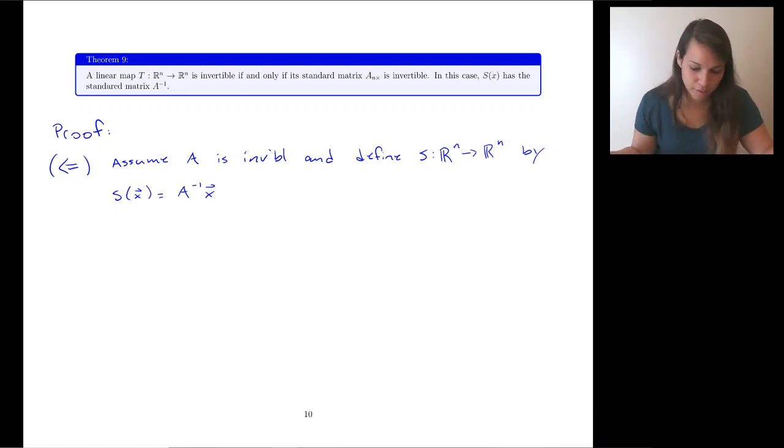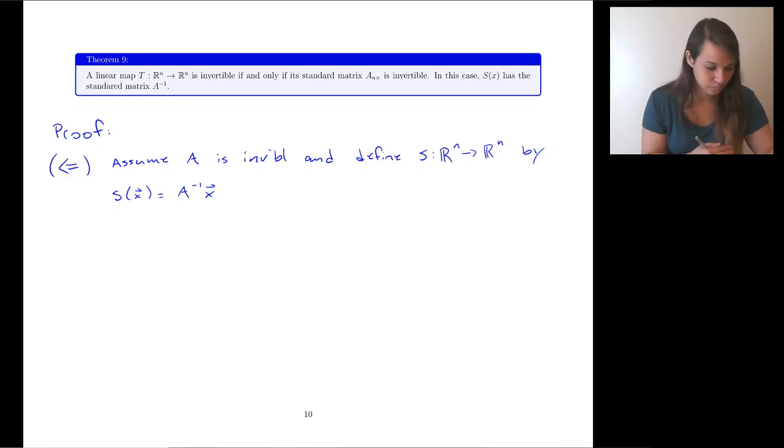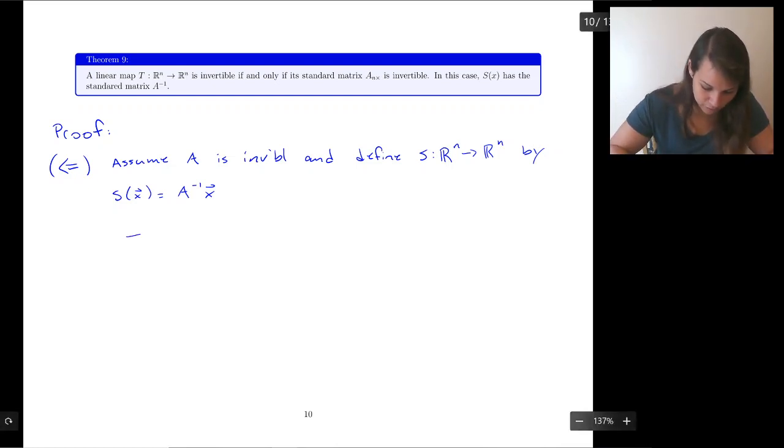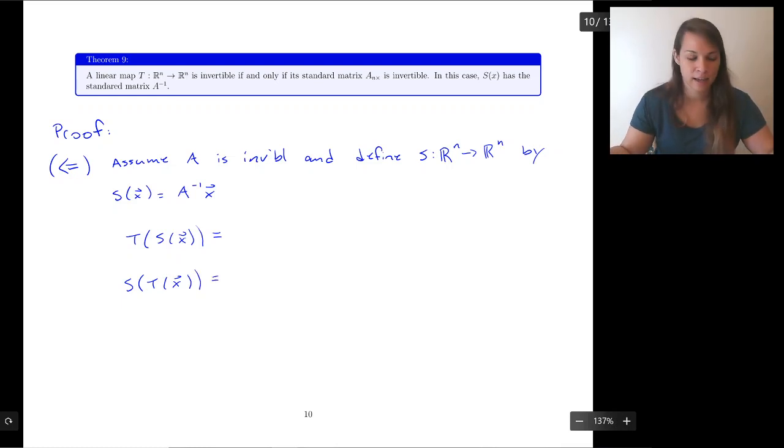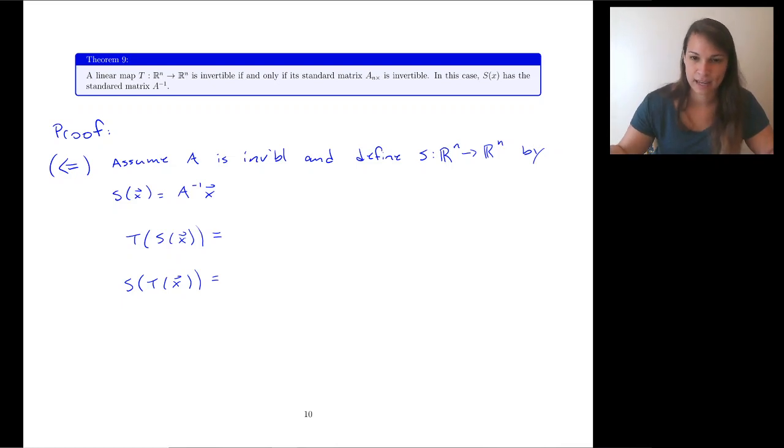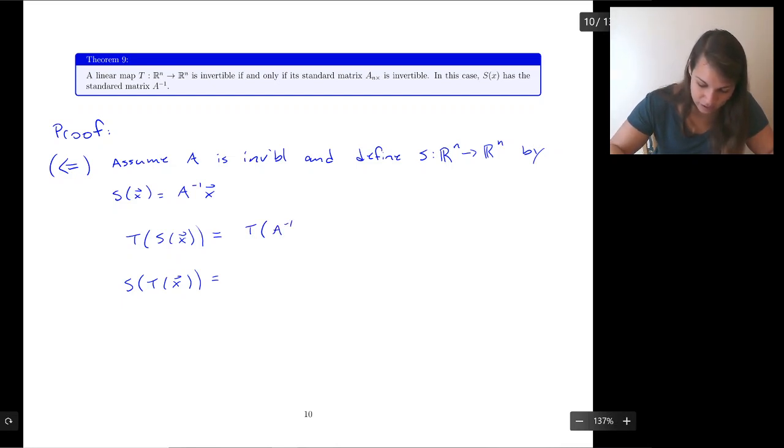So what we need to prove is that T is also invertible. To get T is invertible, we need this composition of functions to hopefully equal just the x vector, and also this composition of functions to also equal just the x vector. Okay, so we're going to take this back to matrices in order to prove it. I told you that S was equal to A inverse.